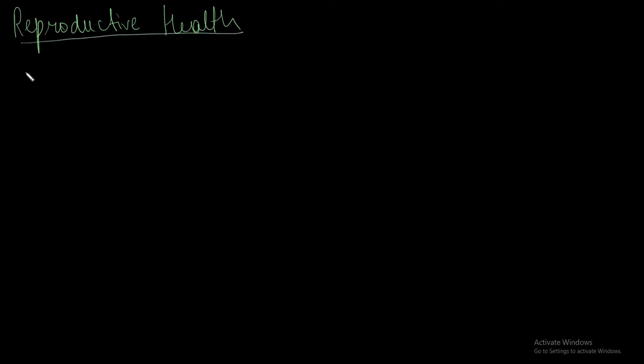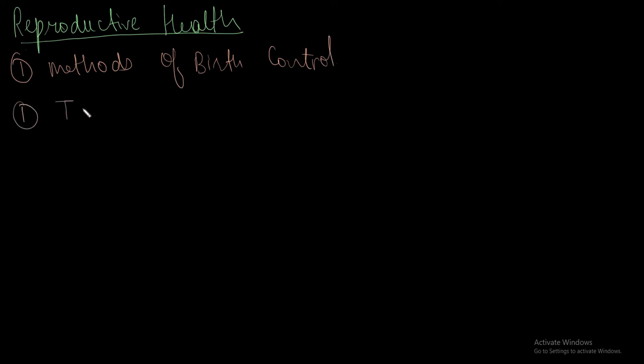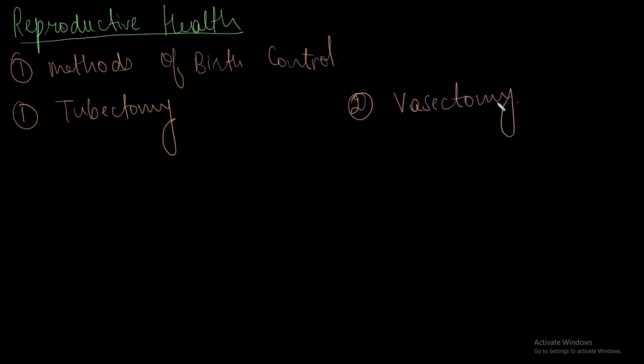Now the first topic that we will cover is methods of birth control. The first method is tubectomy, and the second is vasectomy. Students, I will not explain what tubectomy and vasectomy are, we all studied in class 10th.